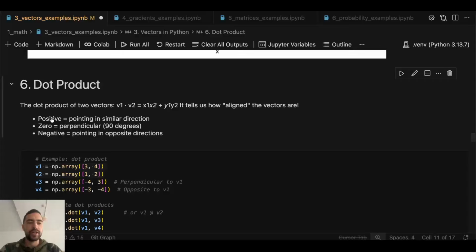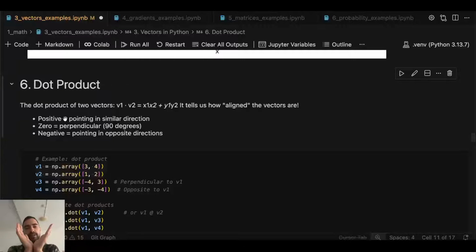If our number is positive, like 11, then they are pointing in the same direction. If the two vectors are perpendicular, with a 90-degree angle between them, then the dot product will be 0. So if you get a dot product of 0, you know that these vectors are perpendicular, and this is useful in the Muon optimizer. This may be the new way to make neural networks learn a lot faster and better.